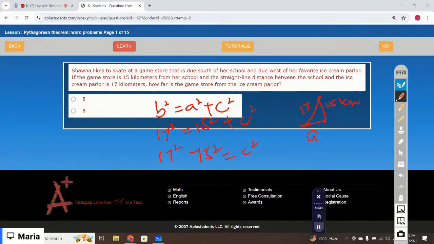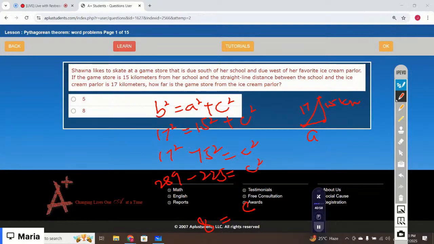So 17 square is 289 minus 225, right? I think that is 64. So c square is 64, so c equals 8.